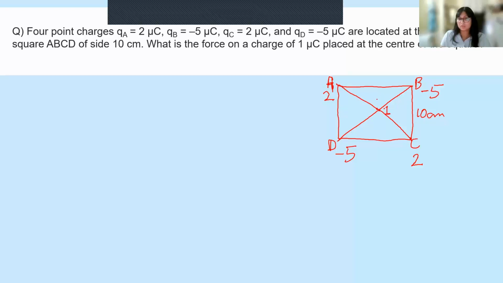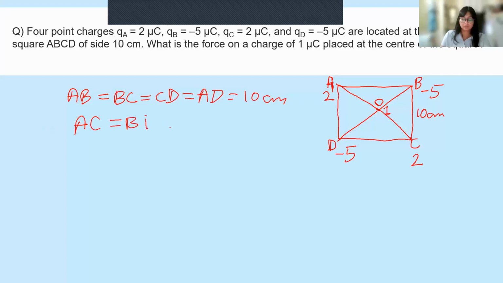Say this is the center, which we consider as O. AB is equal to BC is equal to CD is equal to AD is equal to 10 centimeters. Now what will be the diagonals? AC is equal to BD is equal to 10 into root 2 centimeters.